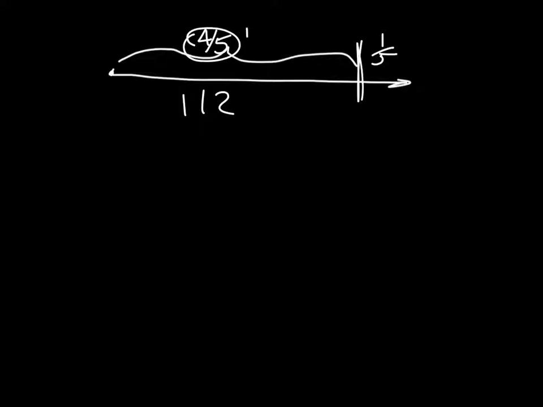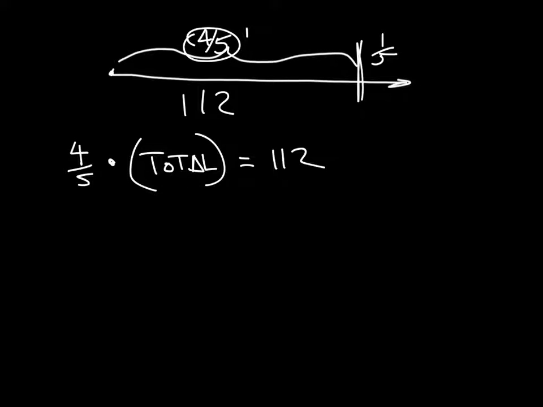We have 4/5 multiplied by the total distance. That's how far she hit it. And that 4/5 was 112 yards. So 4/5 times x gives me 112 yards.